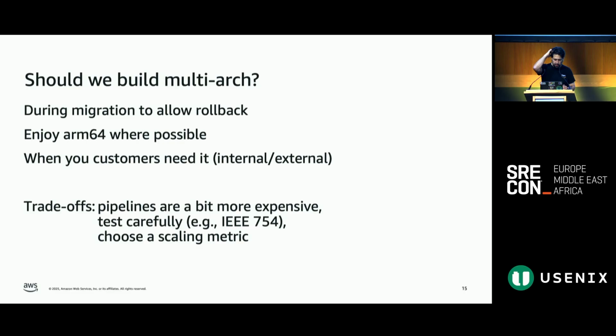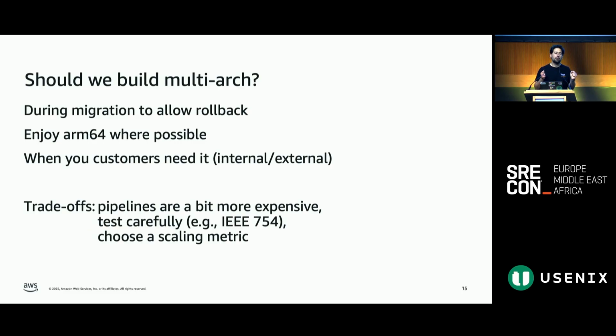Another question that I get a lot is, should we build and run multi-arch? There are some good reasons to build multi-arch and run multi-arch. For example, during a migration phase, you want to be able to roll back if you find something. Building multi-arch will allow you to do that during whatever migration period you have decided on.